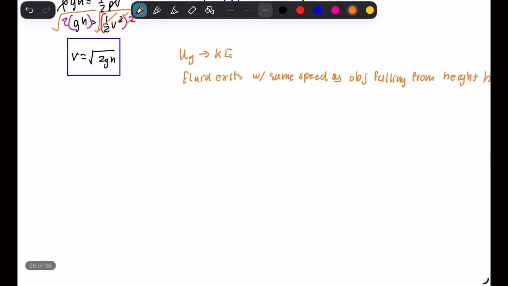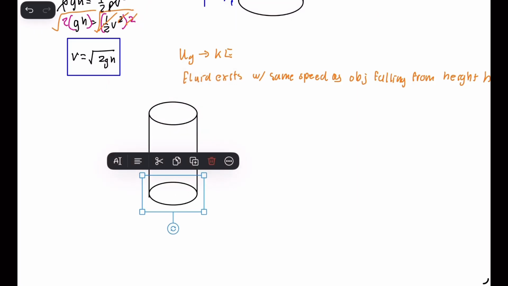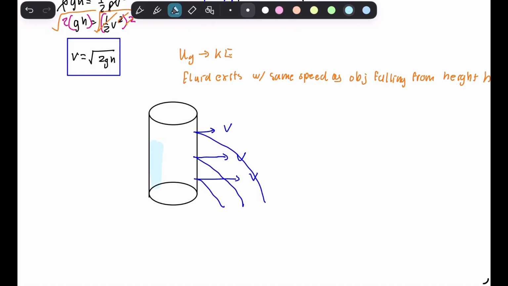So let's say that you have a cylinder like this. We have water coming out at different points, and this is a cylinder that's filled with water.